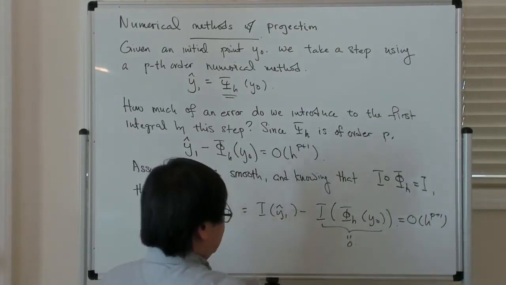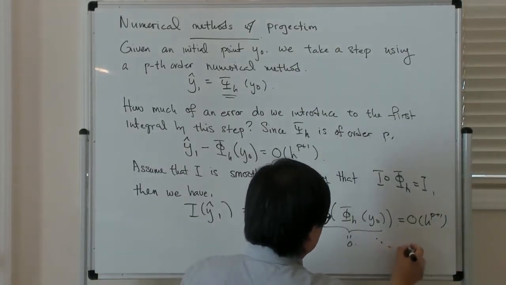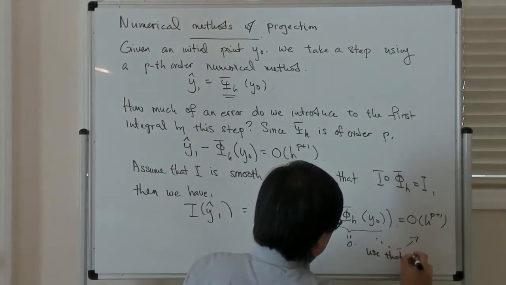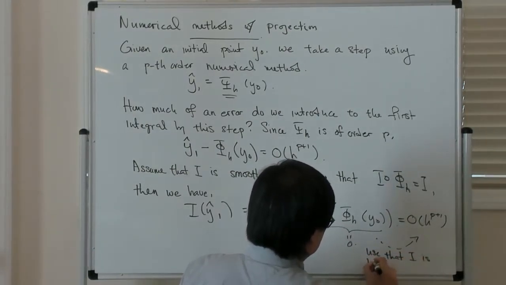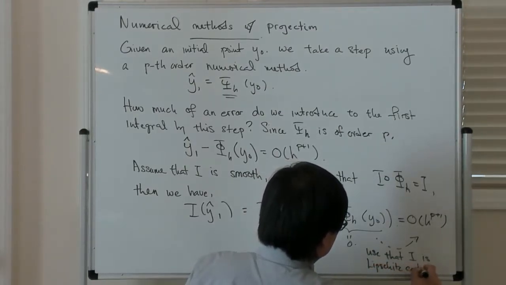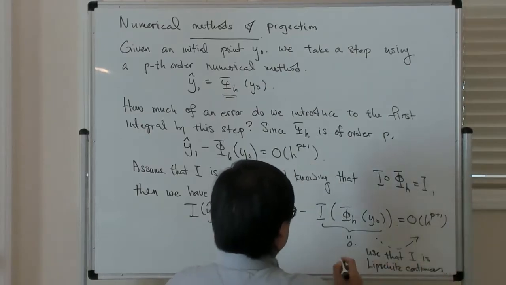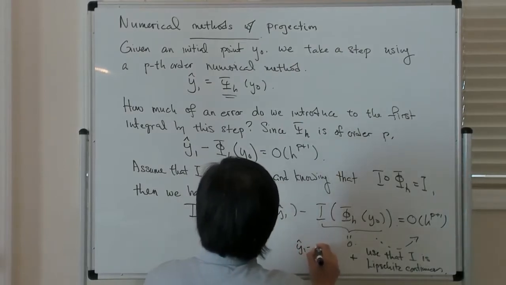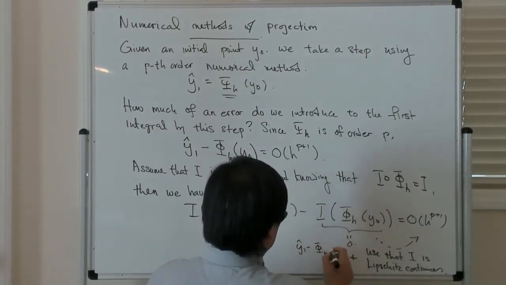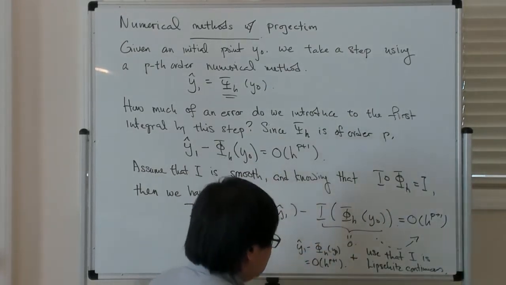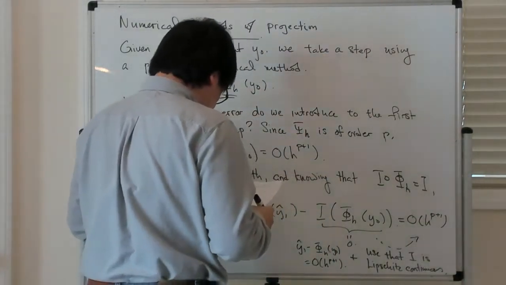So going from here to here, you want to use that I is Lipschitz continuous, plus the fact that, again, y1 hat minus the exact flow applied to y0 is big O of h to the p plus 1.